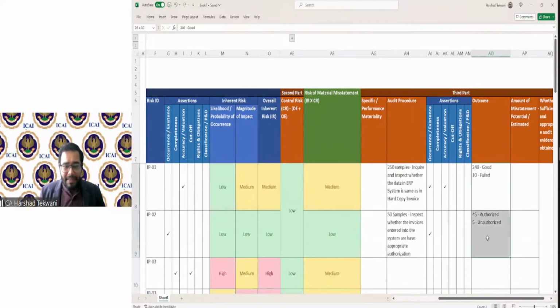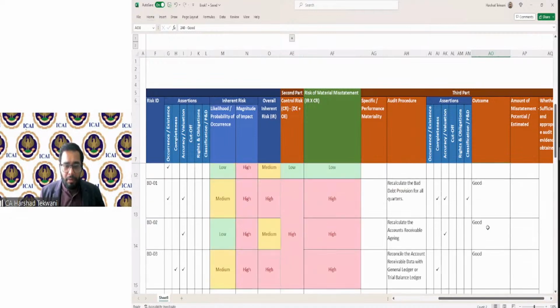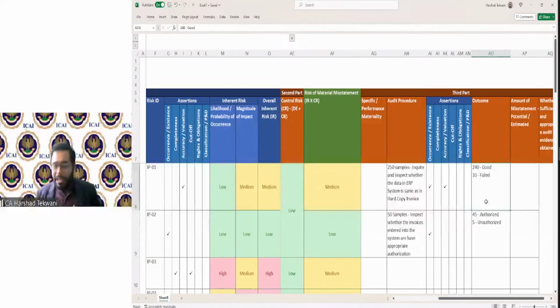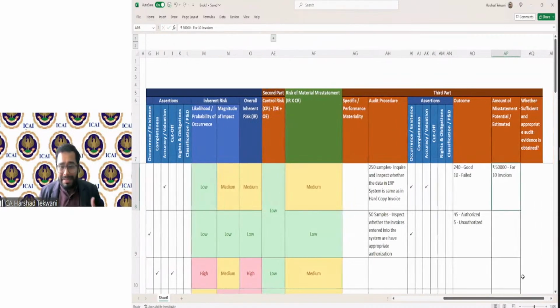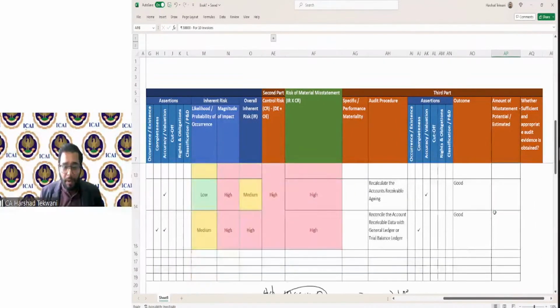Now, if this is the scenario, and I identify 10 invoices which failed, I need to understand the misstatement. Let's say the amount involved in those 10 invoices is rupees 50,000. This is the amount of misstatement that I have identified.